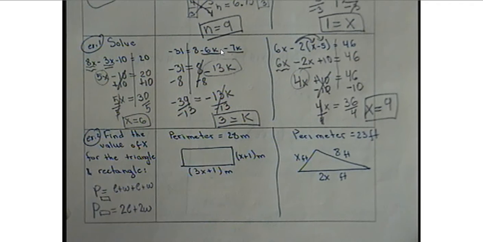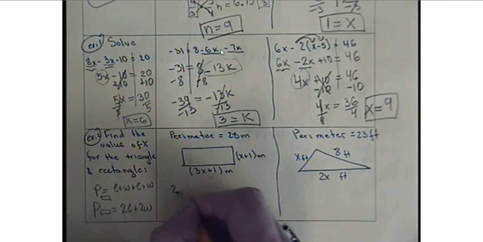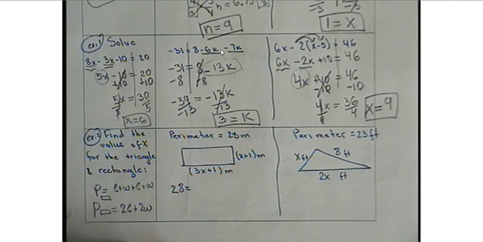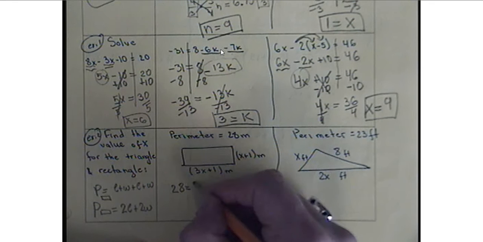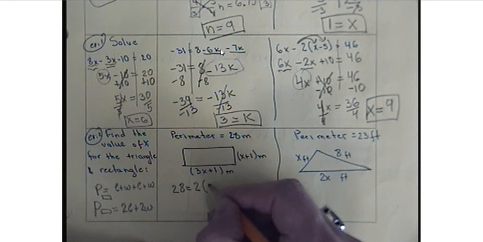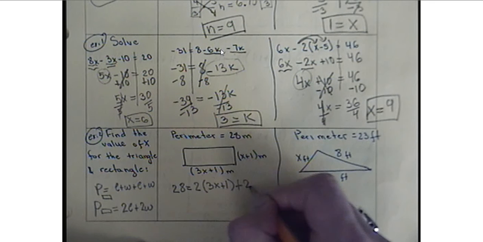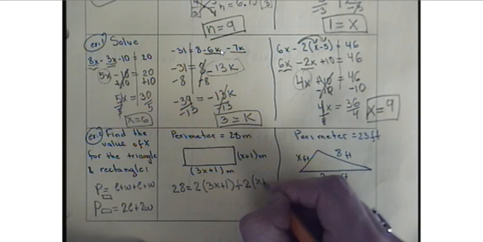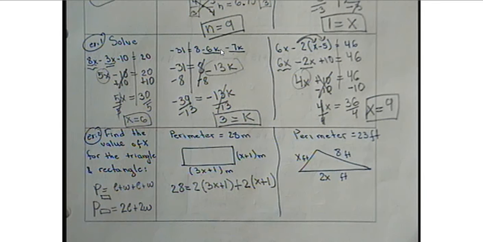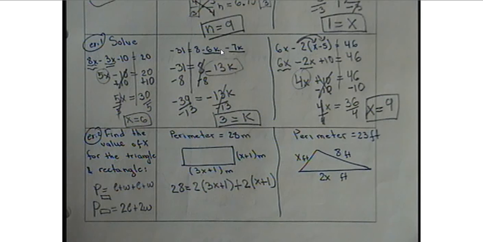So the perimeter is 28, and I'm gonna just write down 28 is equal to twice the length, and the length is 3x plus 1, plus twice the width, which is x plus 1. So now we have two distributive properties here.